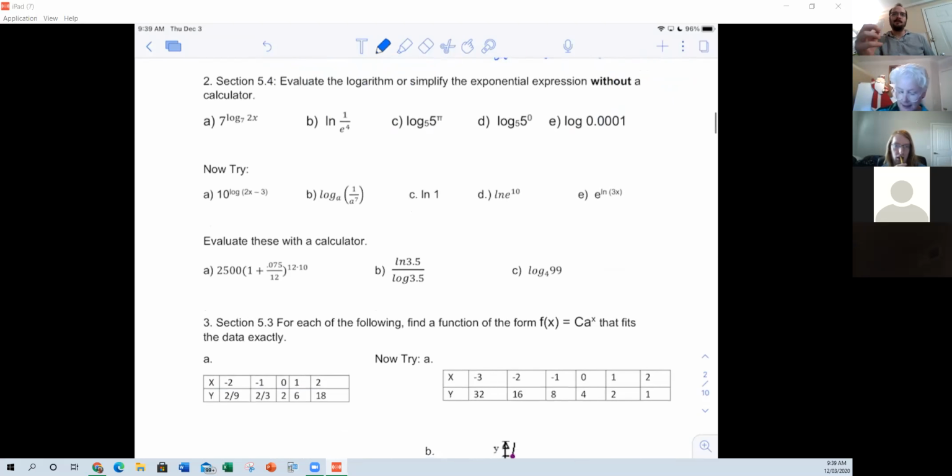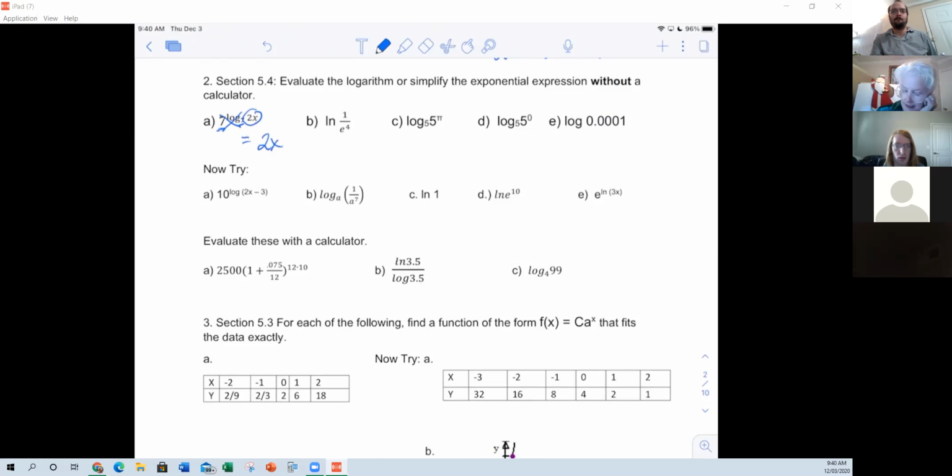Okay, so on these, remember that if your base here and here are the same, then they are going to undo each other. They're each other's inverse, and you're just left with the exponent, and it's no longer an exponent. It's just a term, a number.